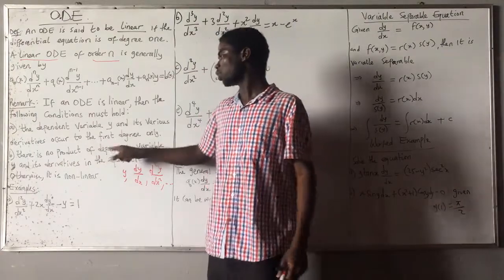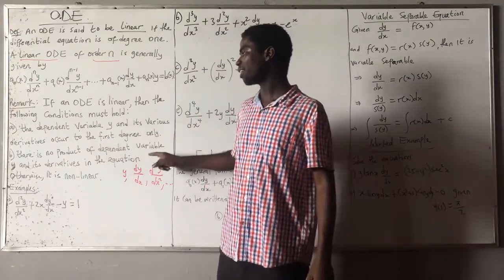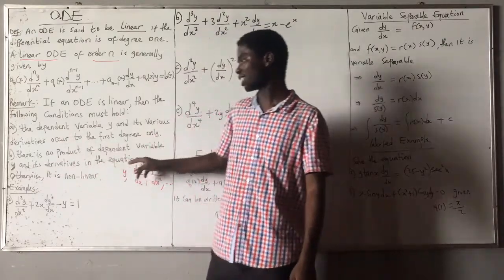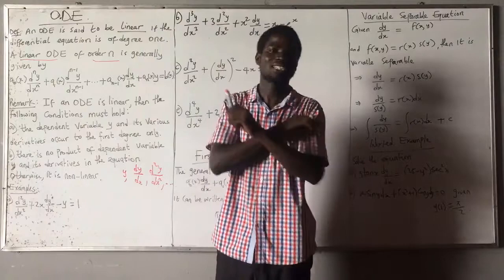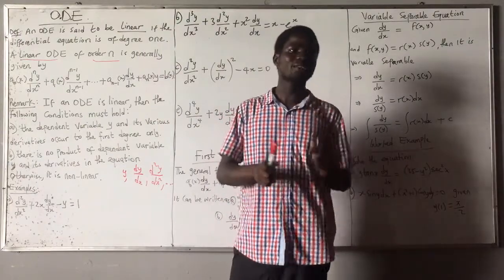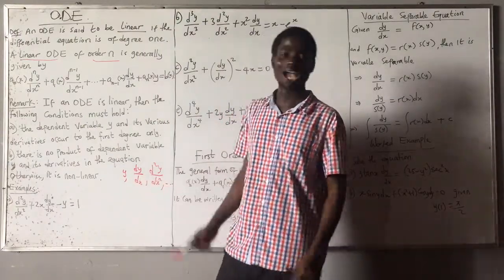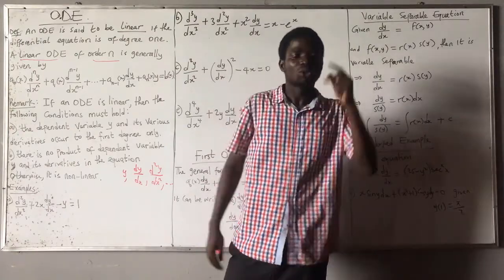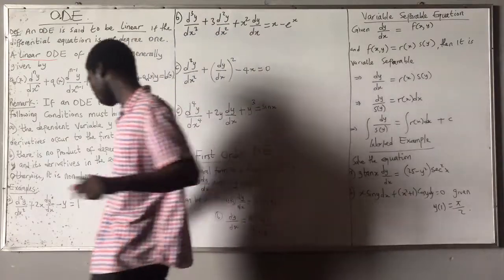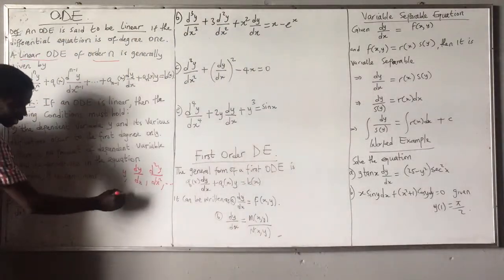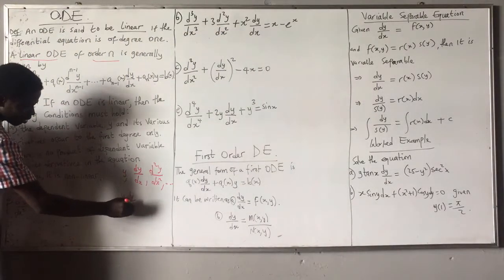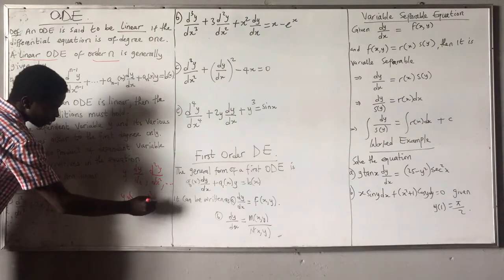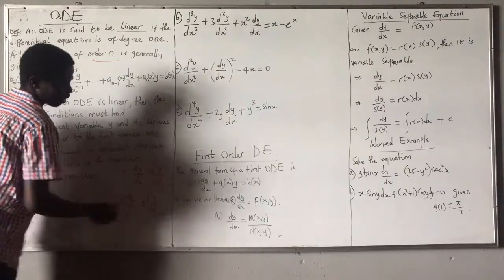There is no product of dependent variable y and its derivative in the equation. Otherwise, it is non-linear. So that is the first condition. Number 2 condition, there is nothing like y times dy/dx or y times d²y/dx², and so on.